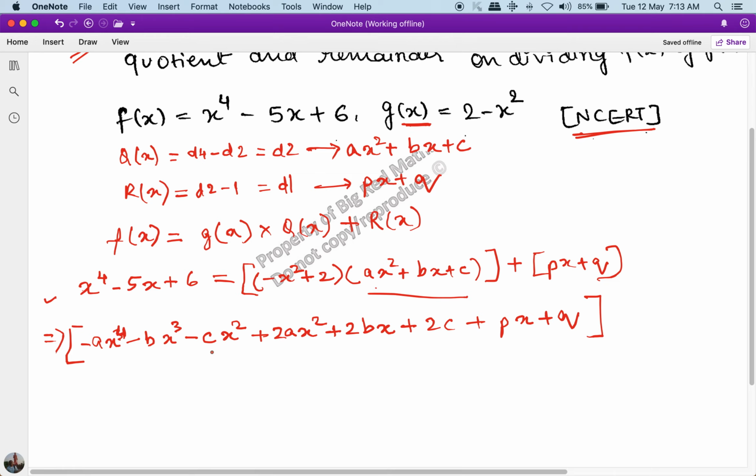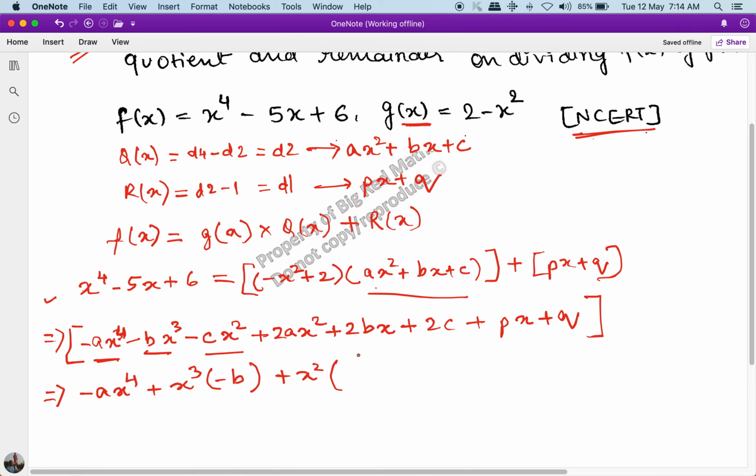And now my job is to collect the terms with the same power of x. So x to the power 4, I have minus a x to the power 4 alone. I have x to the power 3 with minus b, and that's it, no other x cube.